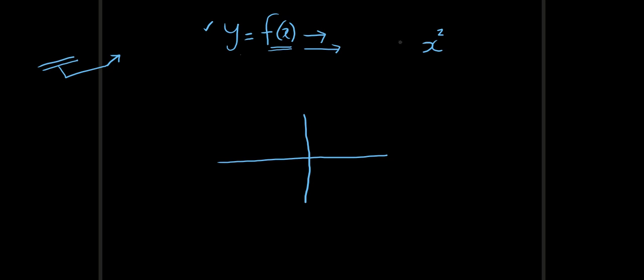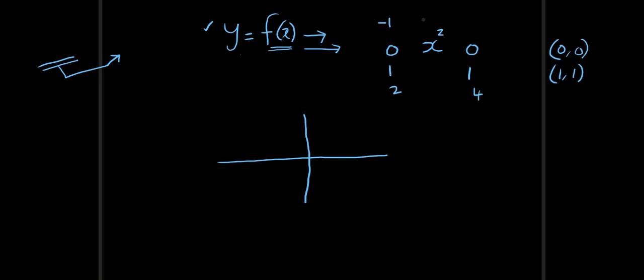Okay, now to plot the graph of x square, I'm going to input a few numbers which will be easy to plot. If I input 0, the output will be 0 square, and I get a coordinate 0, 0. And if I input 1, I get 1 squared as the output, and that gives me another coordinate 1 comma 1. And if I input 2, I get 4 because 2 square is 4.